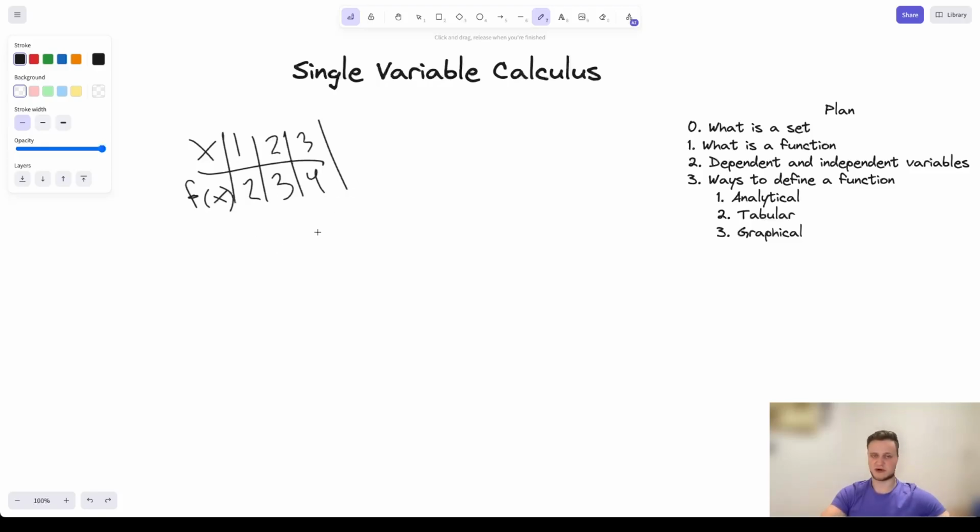Another important thing to highlight is that, for example, you are given this table, and there is a very simple idea and wish to extrapolate this function. So you can guess, for example, that the value at the point 4 will be 5 and so on, because you see a simple linear dependency between these two rows.